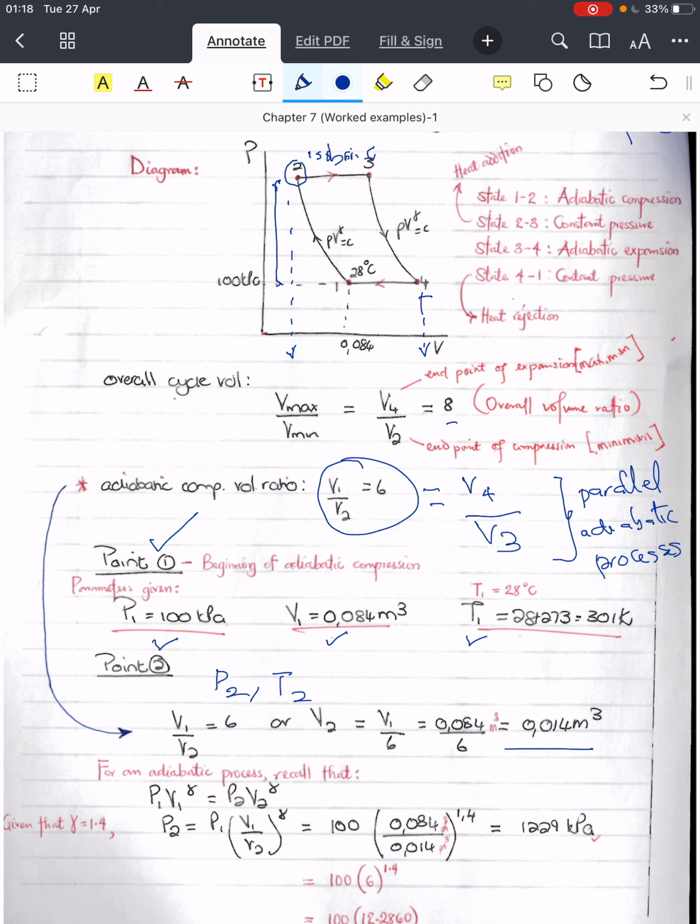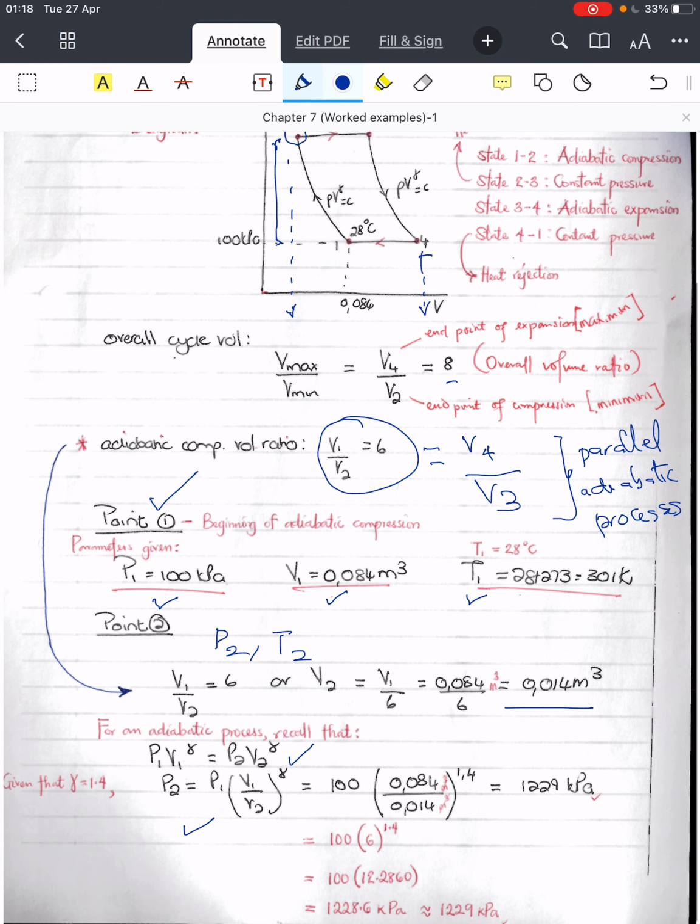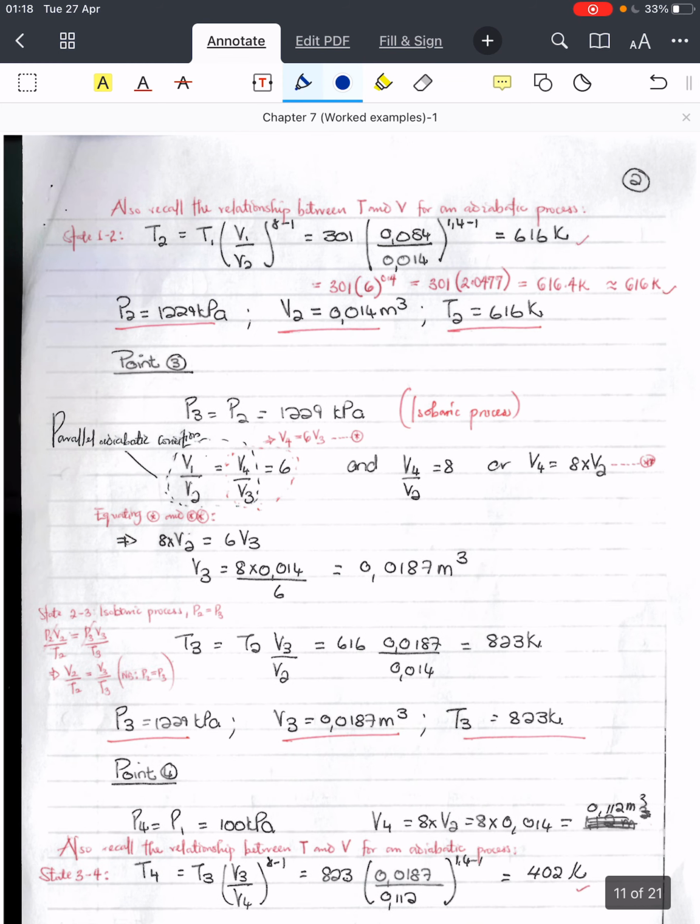It's adiabatic, so we go back to our working formula and pick the appropriate one. If you make P2 the subject of the formula and solve, you get your P value. That is P2. We've also been given the temperature relationship. We just plug in the values and solve for that.